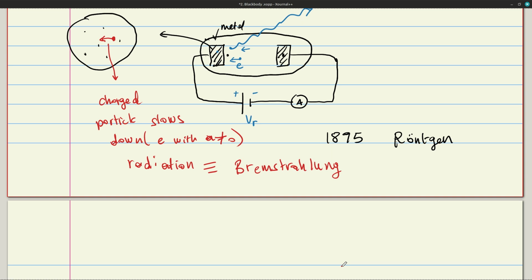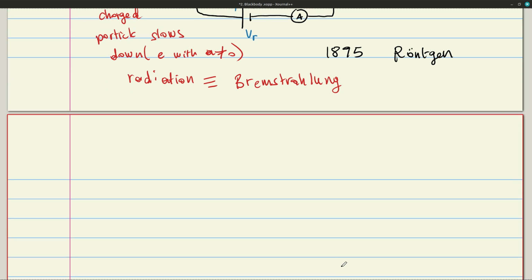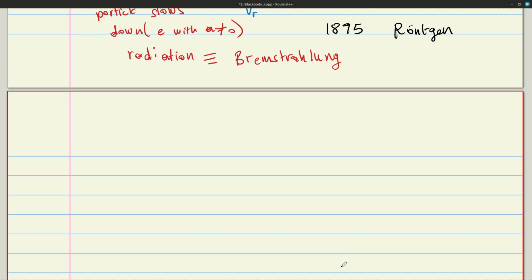Okay? Yes? Is the frequency of the radiation always in the spectrum? Now we'll come to that, yes. The question is, what is the spectrum, right? So let's remember, in the photoelectric effect, here's our spectrum. So this is intensity.